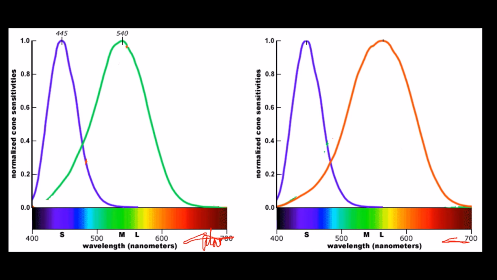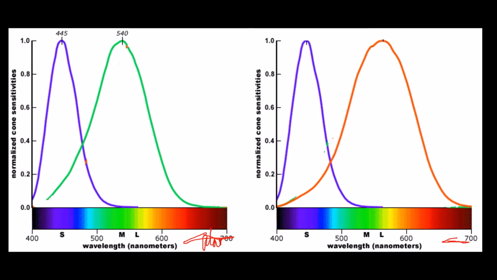So this minimum here, where the combined receptor sensitivity of both receptors is really quite low, is a lot lower than it would be in the case of this individual where the long wavelength receptor has been knocked out. So you get a sort of dimming in the middle of the spectrum if you have the medium range receptor knocked out, but it's not as easy to pick that up.